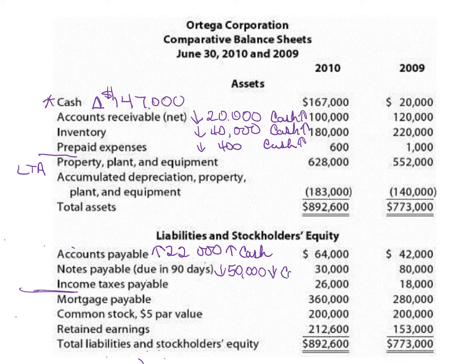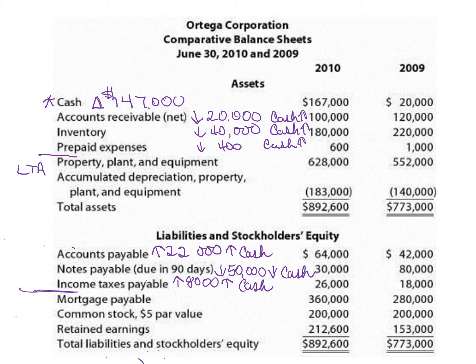So that means cash went down 50,000. And income taxes payable went up 8,000. So I owe more income taxes, so I still have my cash, so my cash increases. So notice that for current liabilities, the relationship goes in the same direction as the increase or the decrease in the liability.